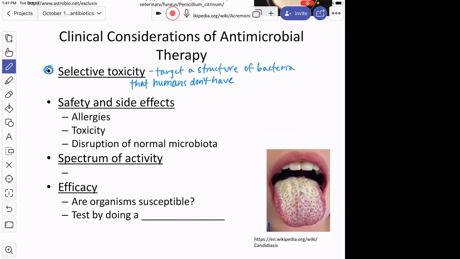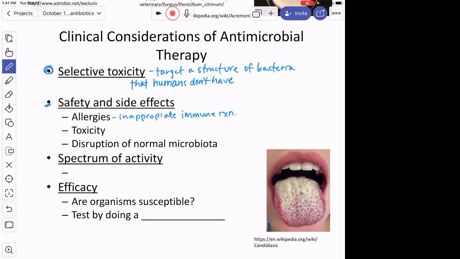Okay, so I mentioned side effects and allergies. That's a big one to consider. How safe is the drug? Allergies, that's an inappropriate immune reaction. Okay, so only some people are going to have that kind of immune reaction.